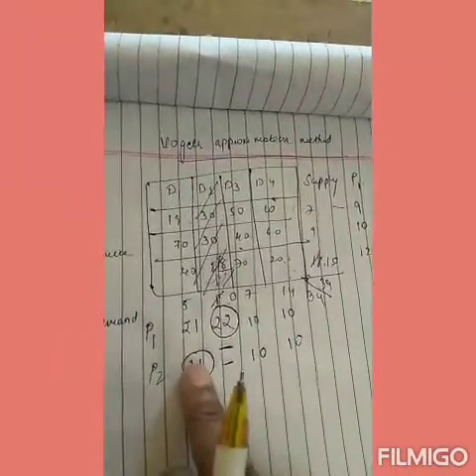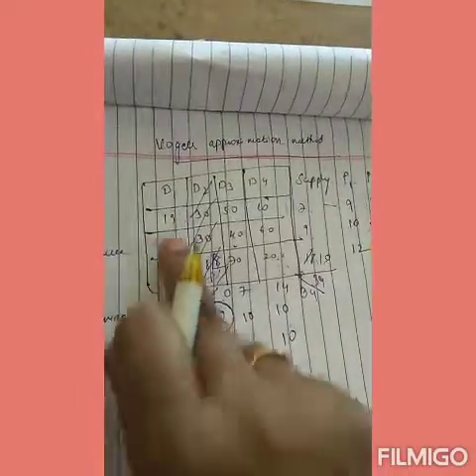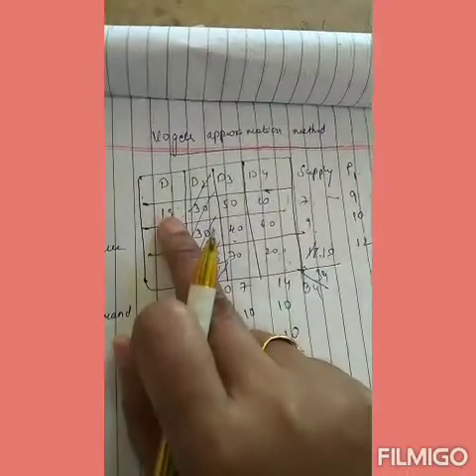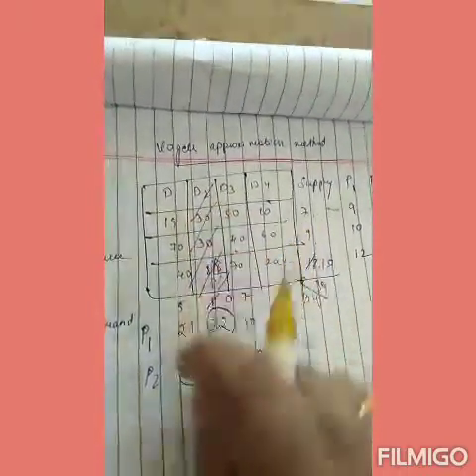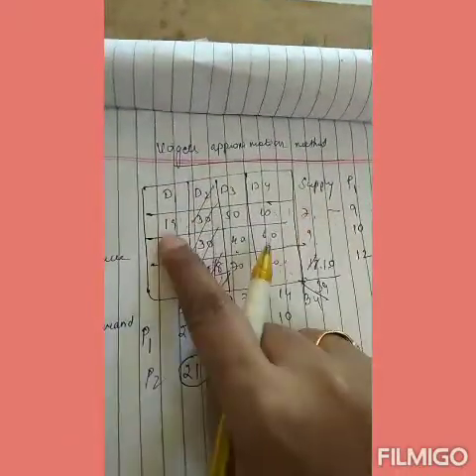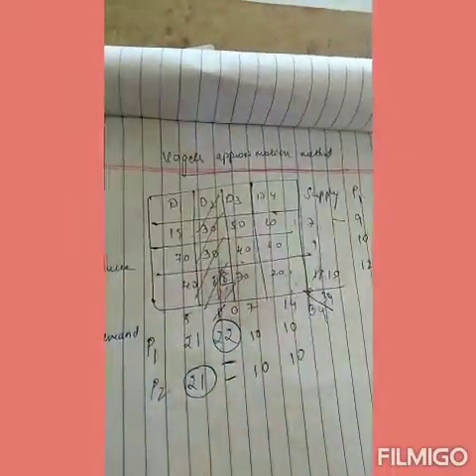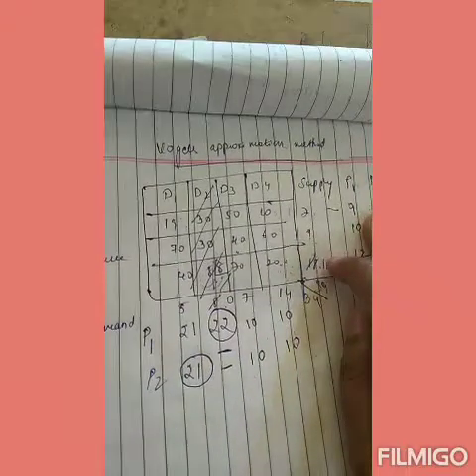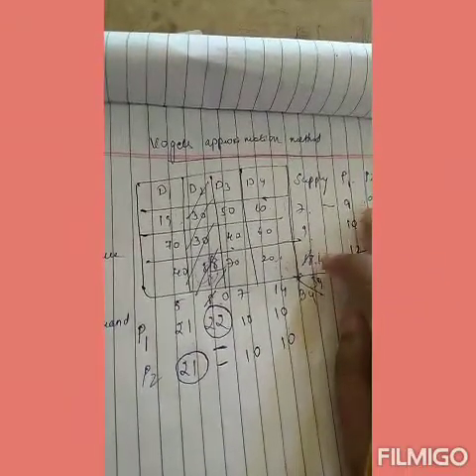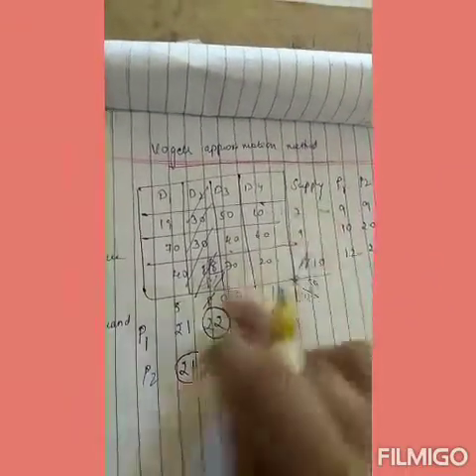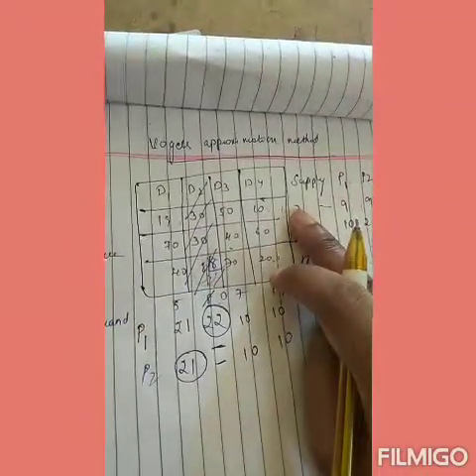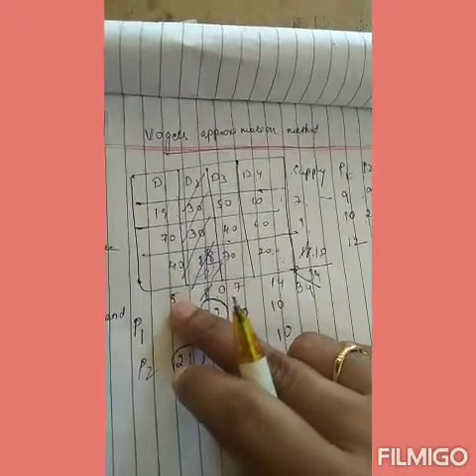And in this column, which is the minimum? 19, 70, 40, which is minimum? 19 is minimum. And check the supply and demand. Here, supply is 7 and demand is 5.